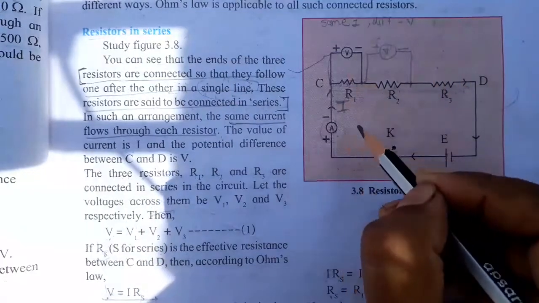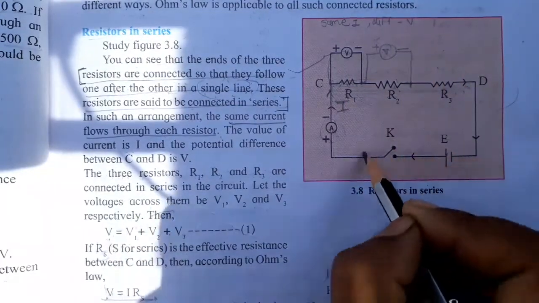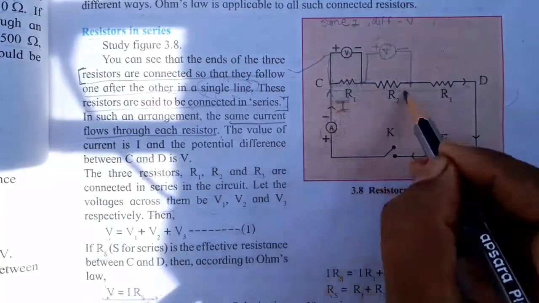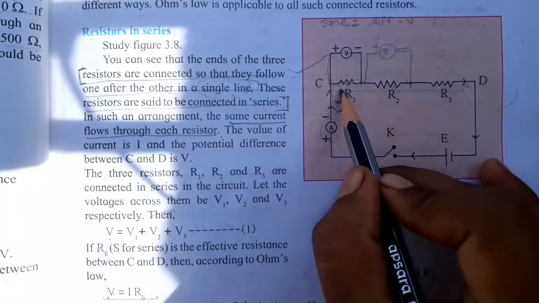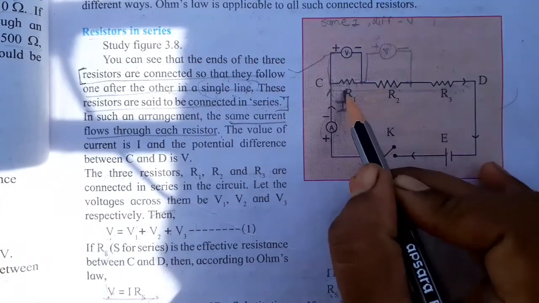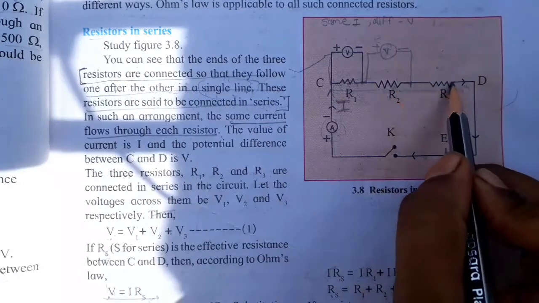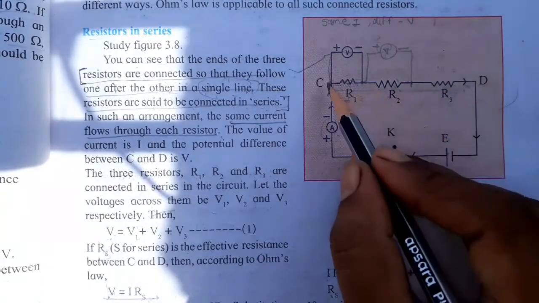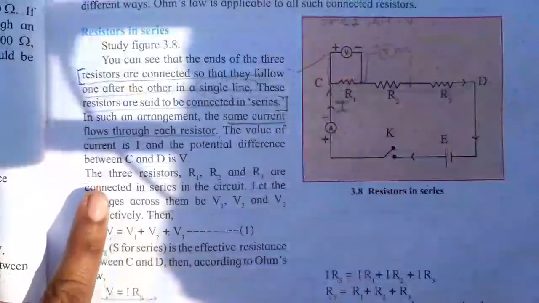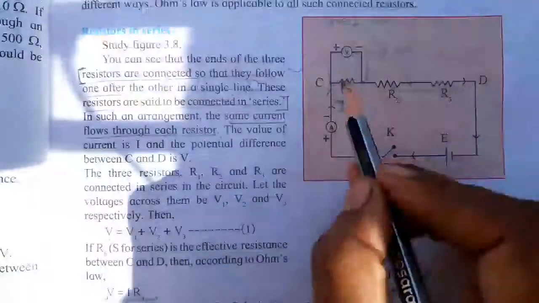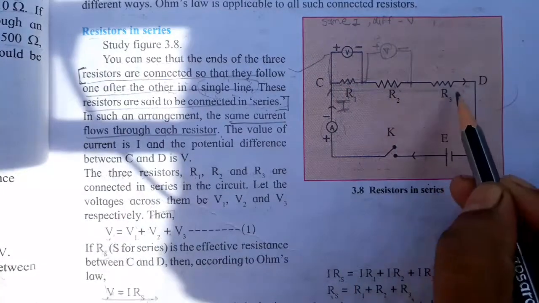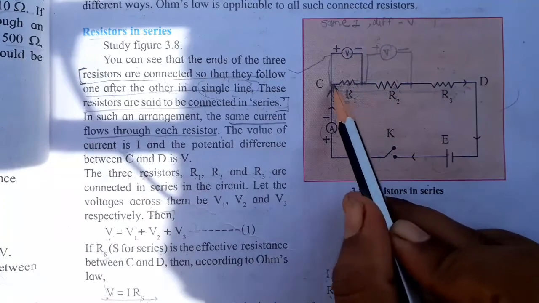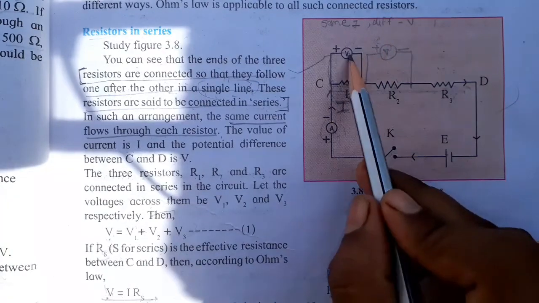As you observe here, due to this potential difference, current I flows through the circuit, and this is the path of the current. Due to the same path, the current flowing through R1, R2 and R3 is the same, that is I. The potential difference is different for R1, R2 and R3, because the voltage is measured across the load resistance in parallel.